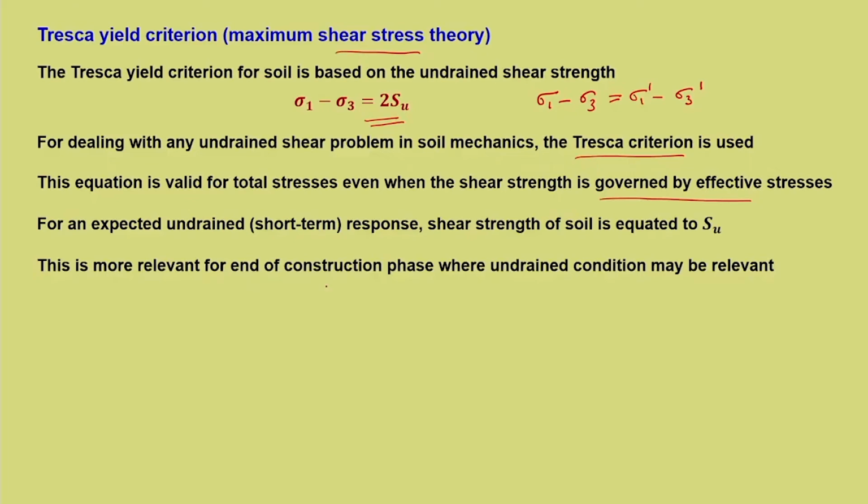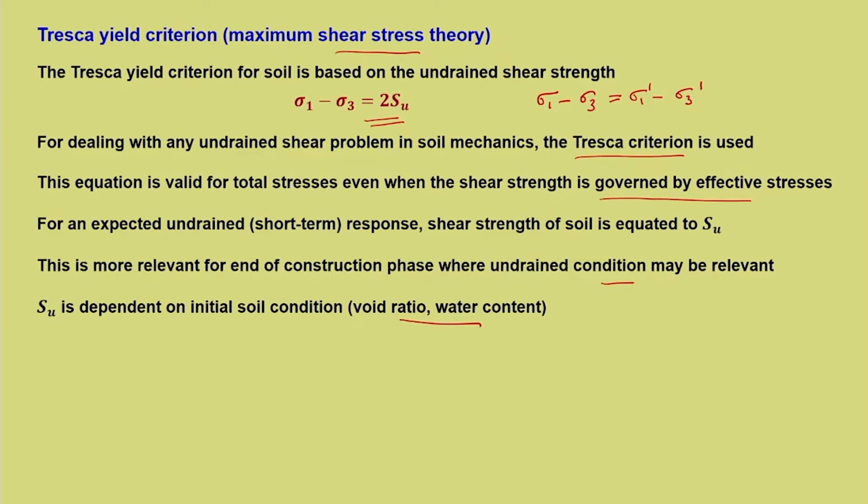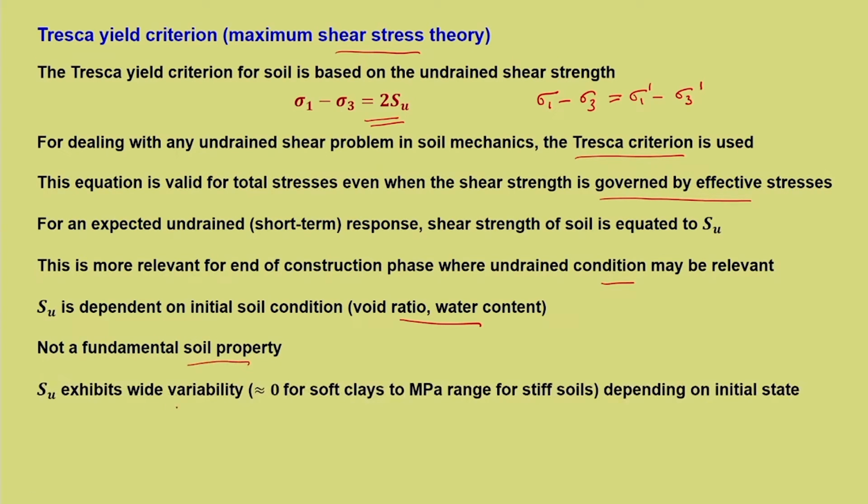This is more relevant for the end of construction phase where the undrained condition may be relevant. SU is dependent on initial conditions, we have already seen this, void ratio and water content. Hence, it is not a fundamental soil property. It exhibits a wide variability.